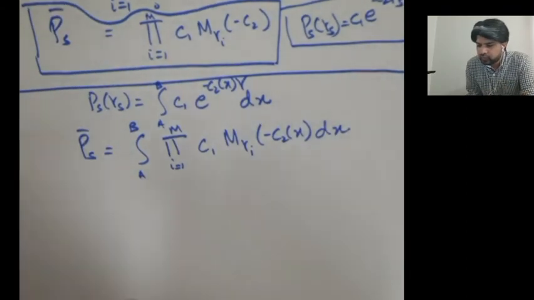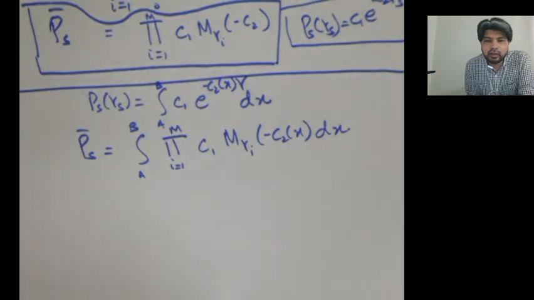So this would be a finite integral of a product of capital M moment generating functions, right? So that is how convenient your representation is for computing the average symbol error probability for any type of fading.